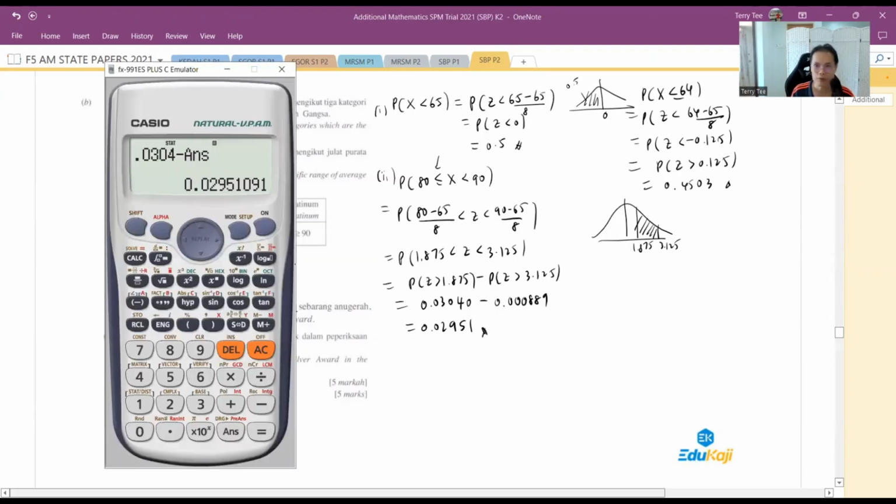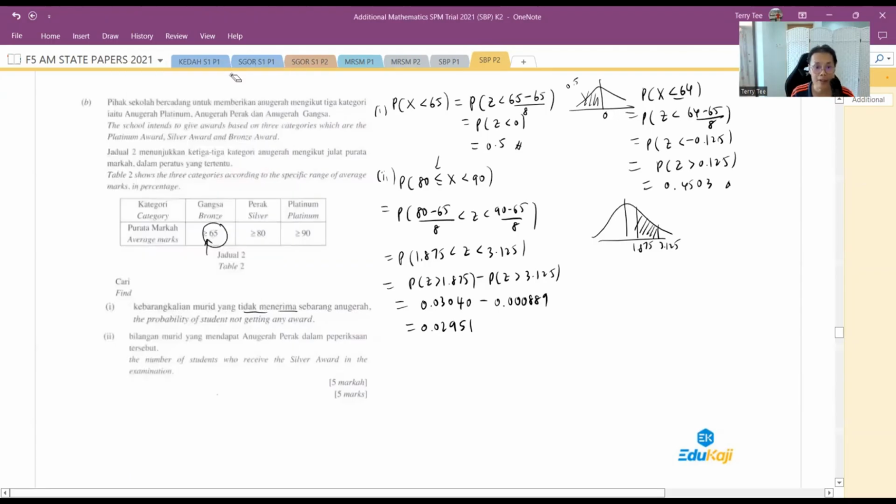However, this is just a probability. We're not done yet. We need to find the number of students who receive a silver award. The number of students who receive silver is the probability multiplied by the total.